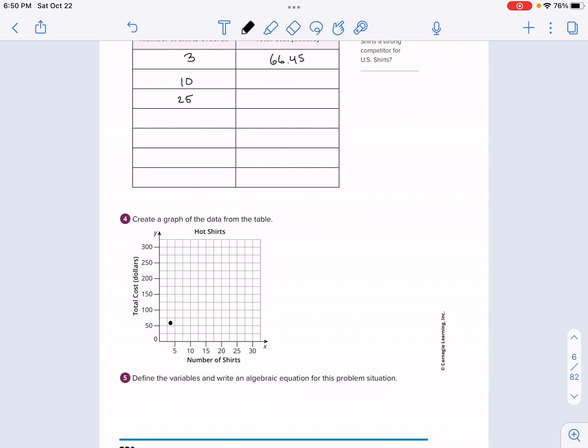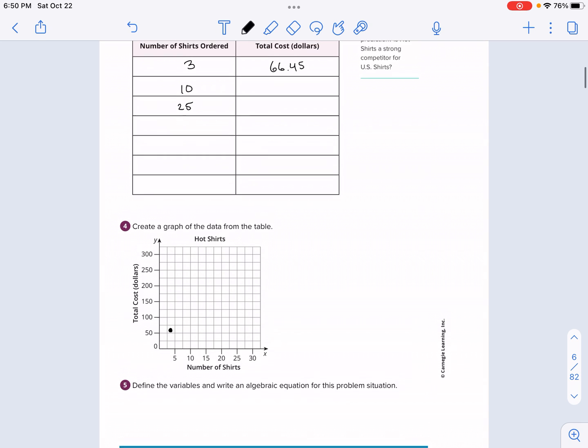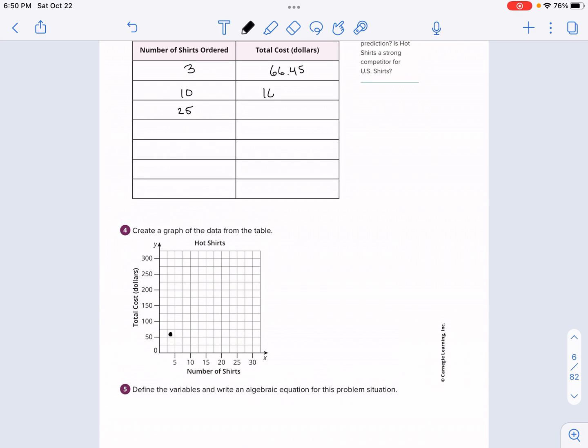Next one we did 10. This would be $104.95. So let's go to 10 right here, and let's go a little bit past 100. Like that. And then 25, I'll give you the answer here, $187.45.